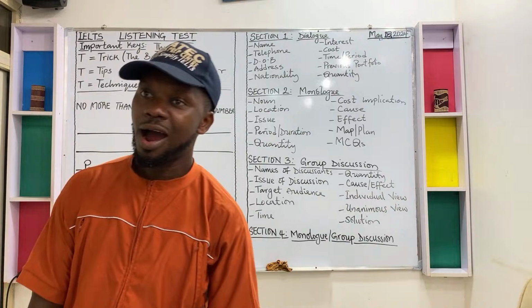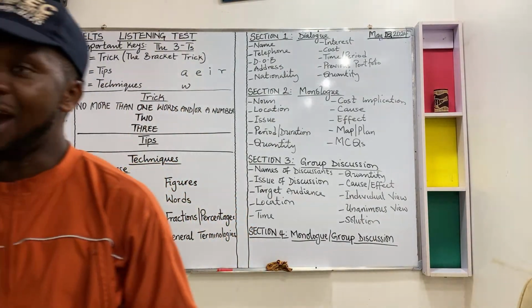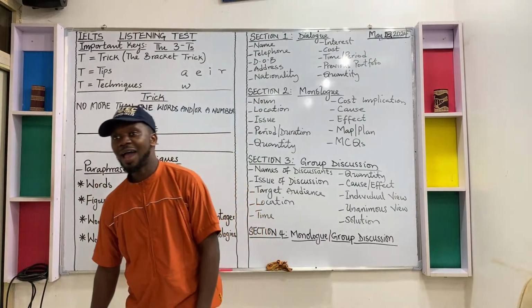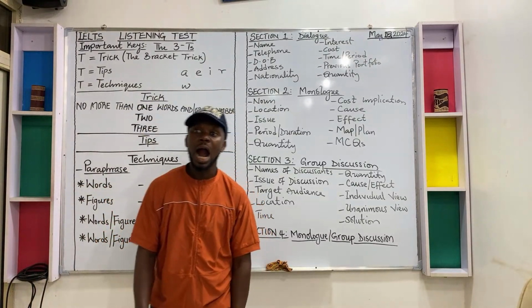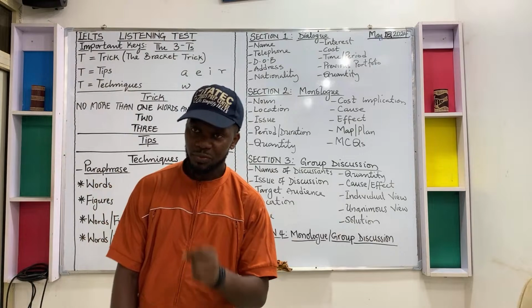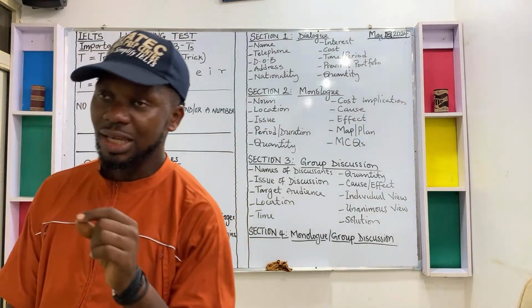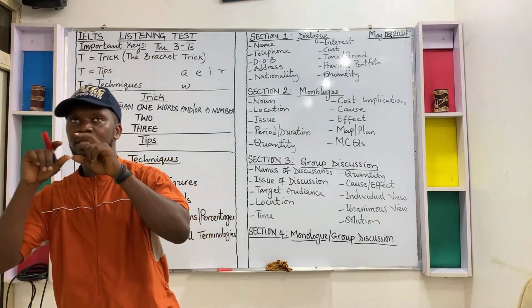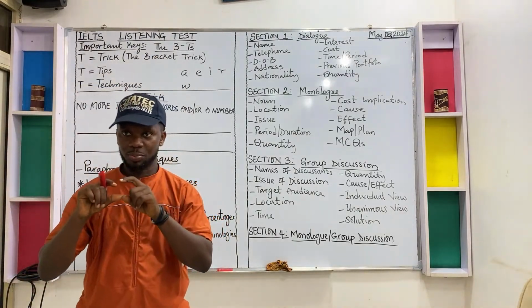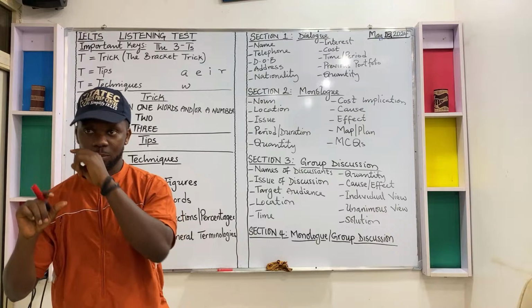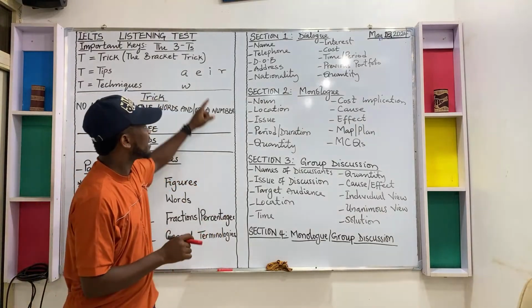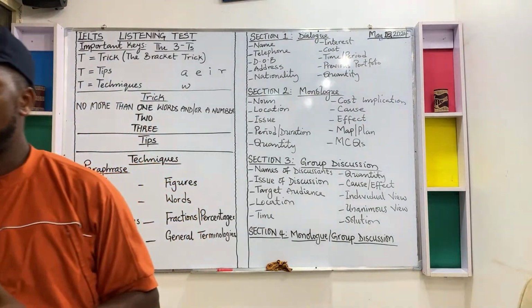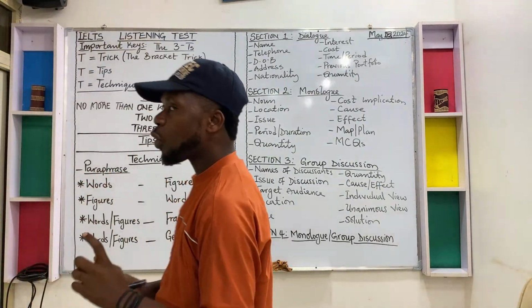For A, when they say it, they draw it out. If it is I, you hear it differently.